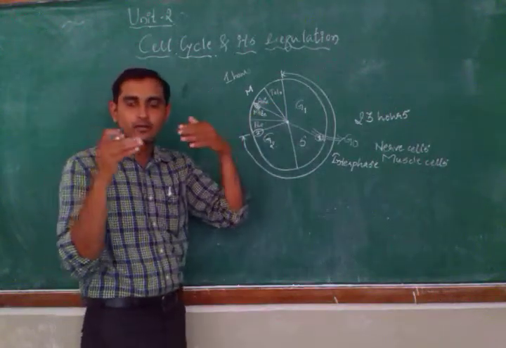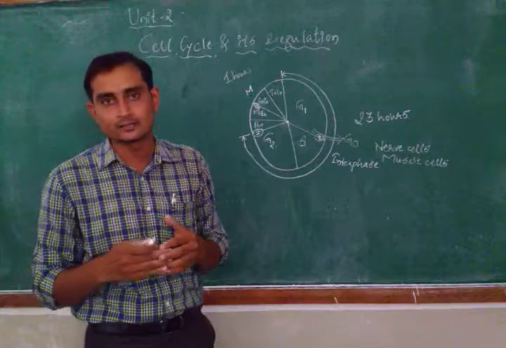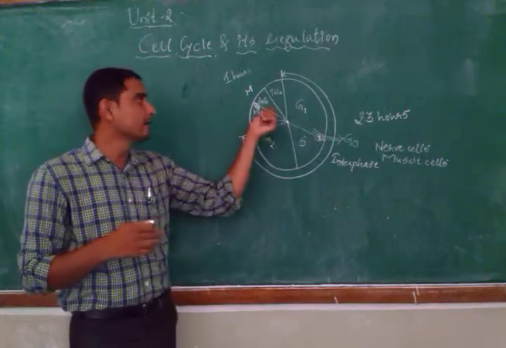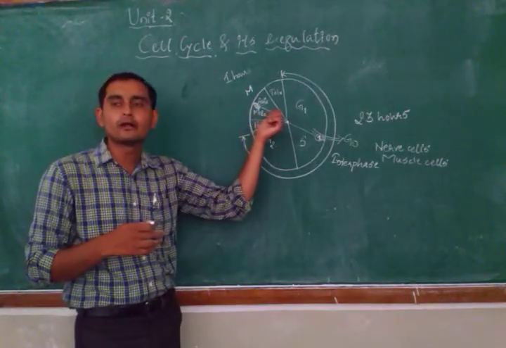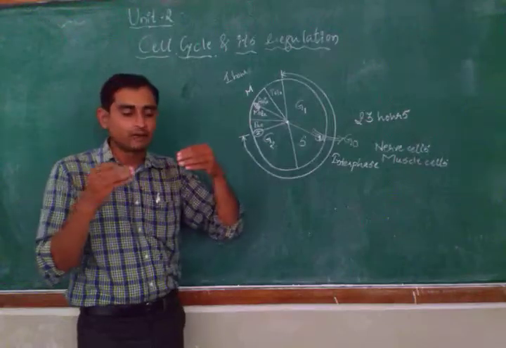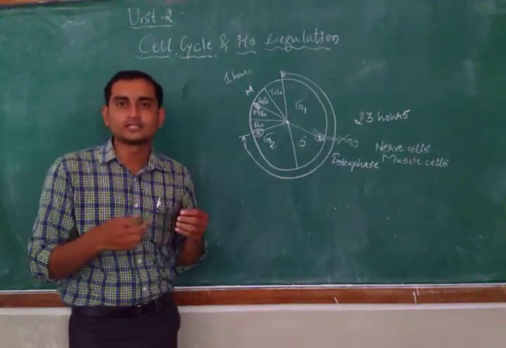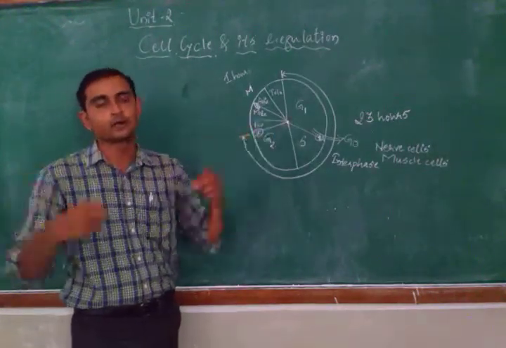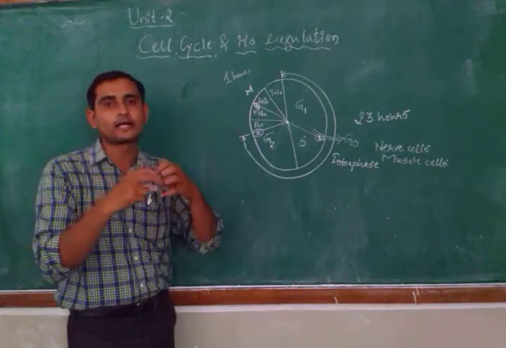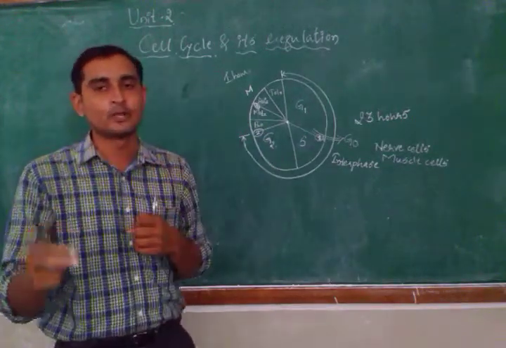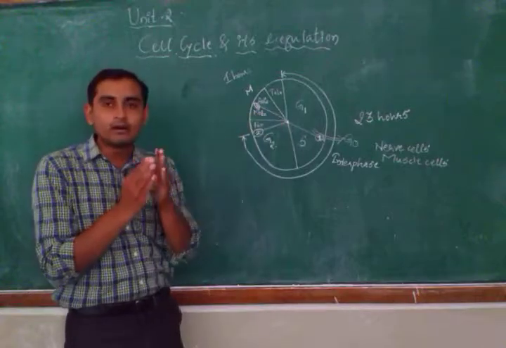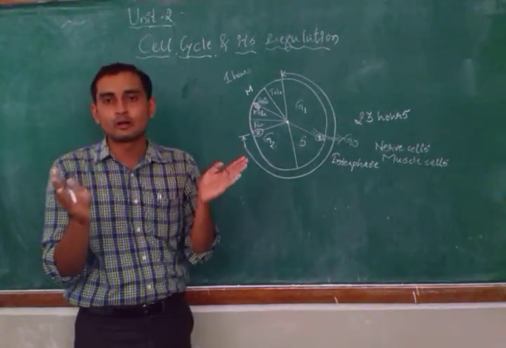If spindle fibers are not attached to all the chromatids of a chromosome, then it is not allowed to enter into the anaphase. So spindle fiber attachment to the chromosomes is necessary to separate out the chromosomes. If they are not properly attached to the kinetochore region of a chromosome, then equal division of chromosomes will not result.